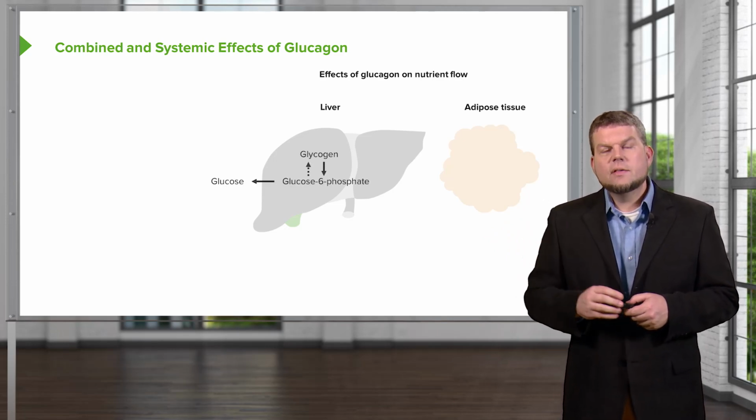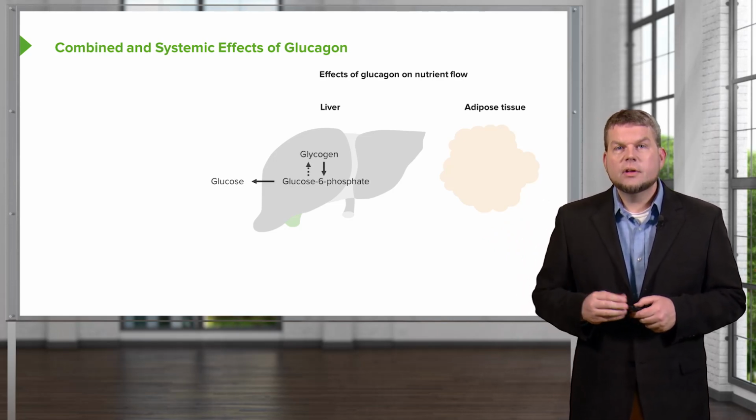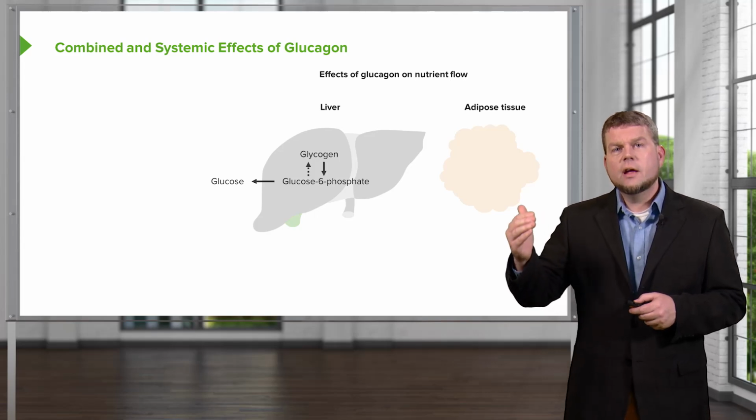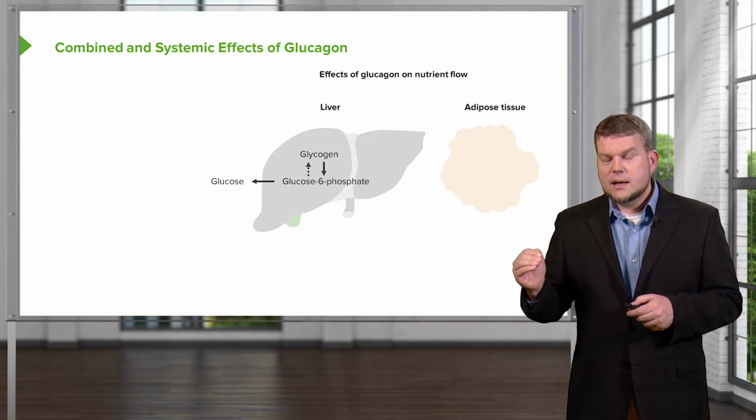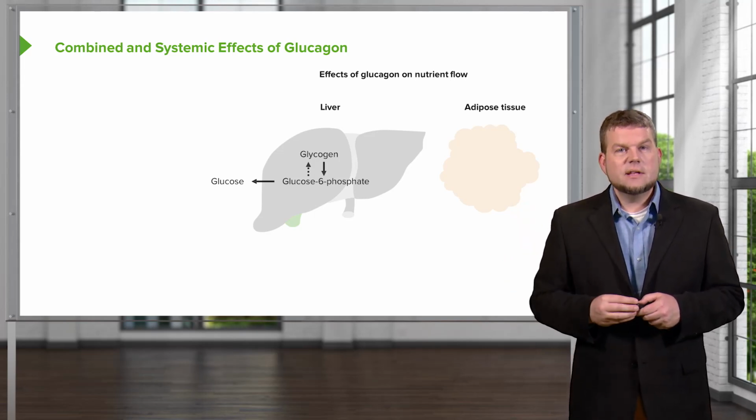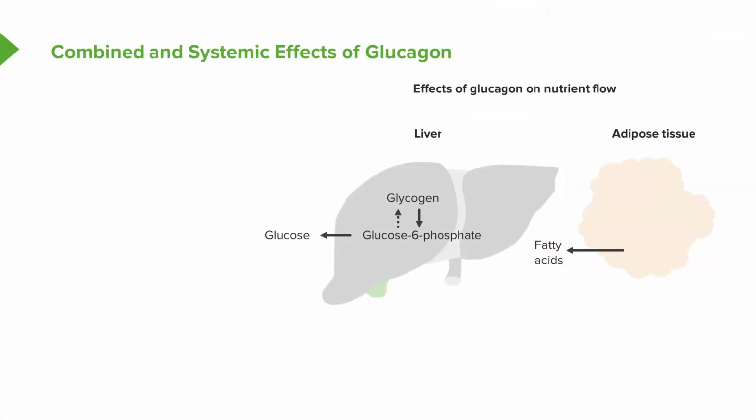So we know we have the release of blood glucose. Usually it comes from the liver by breaking down glycogen through a number of steps and then finally releasing blood glucose. Fatty acids are also broken down through lipolysis and moved out of adipose tissue into the circulation.